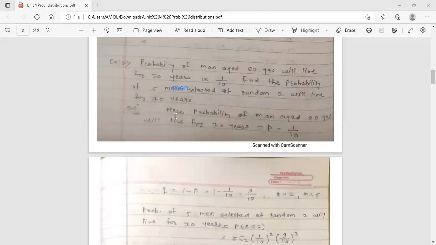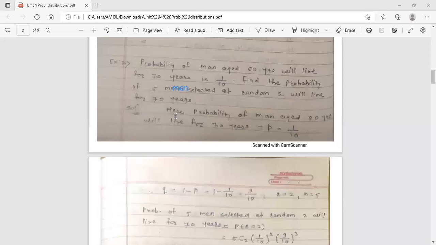Okay. Here the probability that a man aged 60 years will live for 70 years is P, which is equal to 1 by 10. In this example, the standard probability is given, meaning the value of P is 1 by 10. In the previous example, the standard probability was not given, but we know that when we toss a coin in the air, the probability of getting head is 50%, because there are only two outcomes, either head or tail.